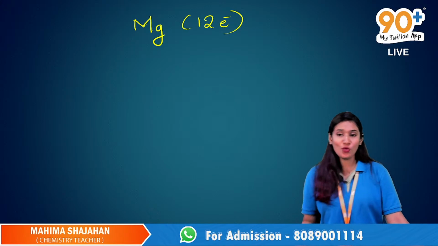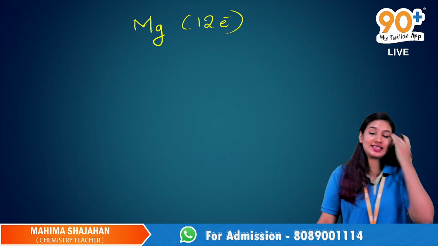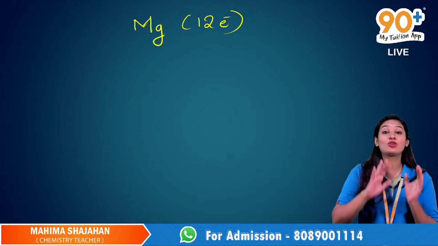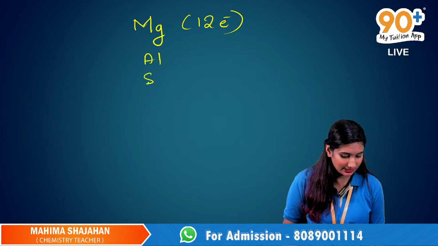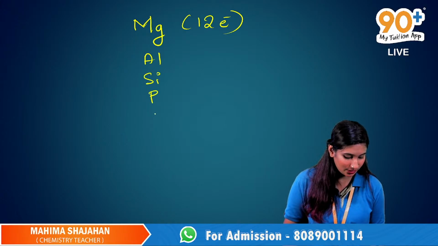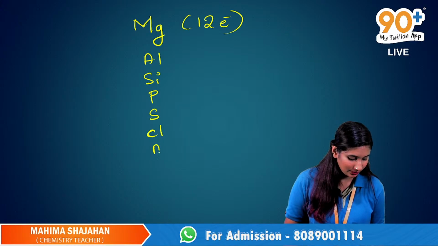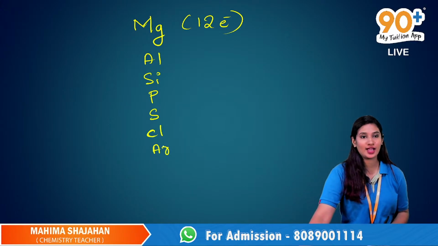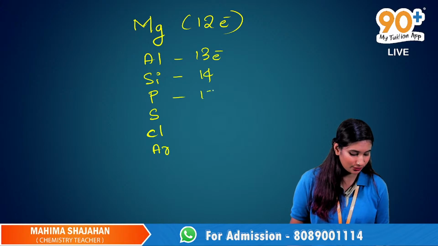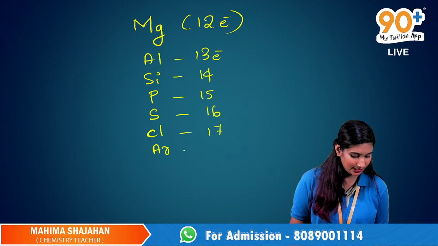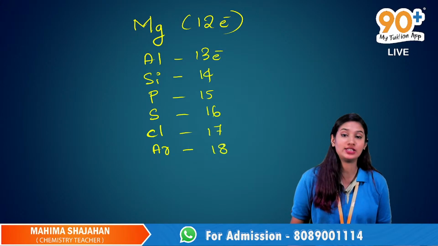Now, what you should do is you should write the electronic configuration, and also you have to draw the structure for aluminium, silicon, phosphorus, sulfur, chlorine, and then argon. Aluminium has got 13 electrons, silicon 14, phosphorus 15, sulfur 16, chlorine 17, and argon 18.